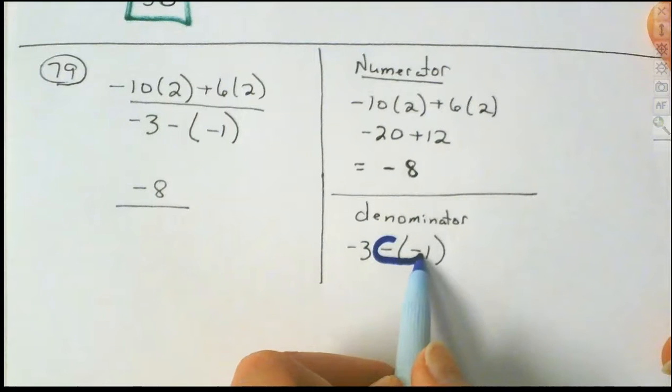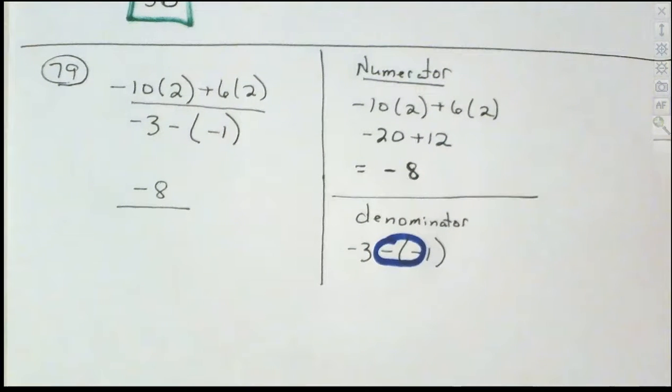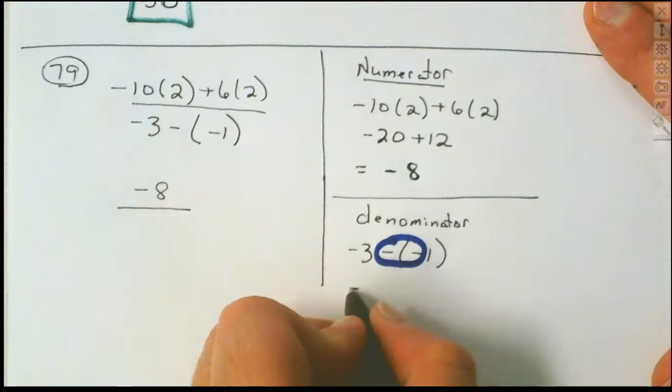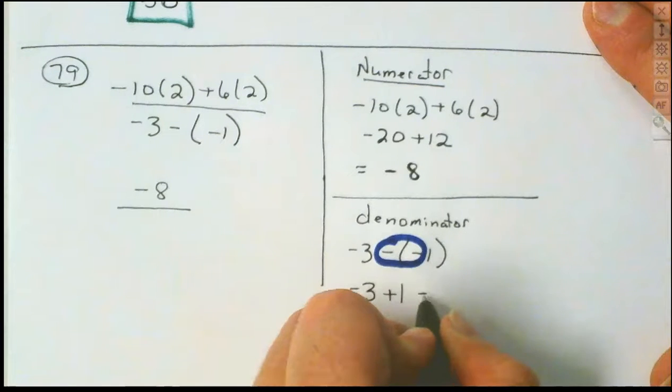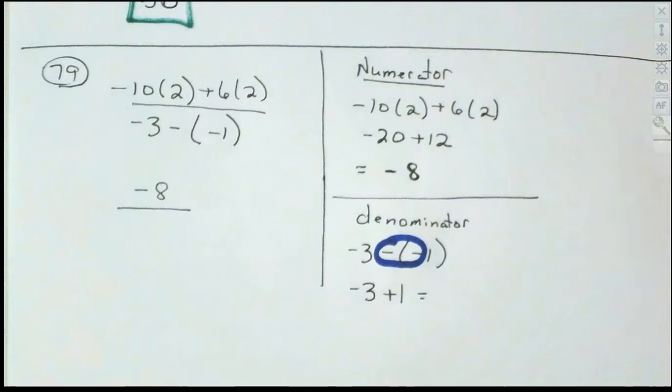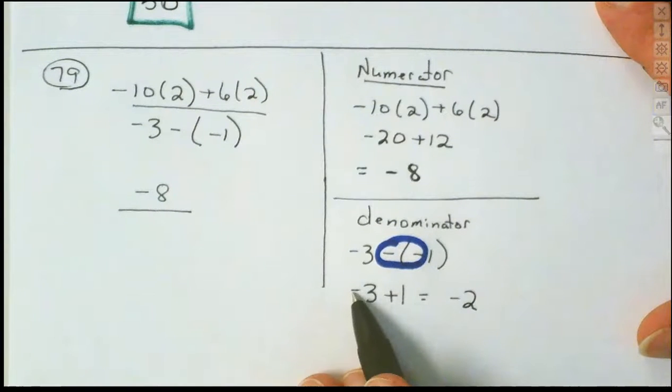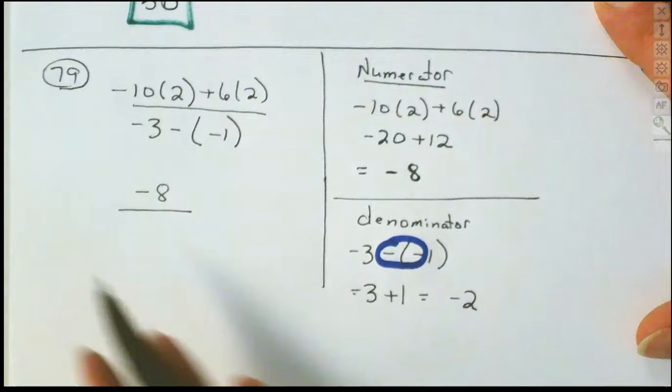So we've got the parentheses, back-to-back signs. Negative and a negative makes it then a positive. And minus 3 plus 1. Is it a positive 2 or is it a negative 2? Negative 2. Why? Because 3 is negative, and so the sign of the larger one comes along.